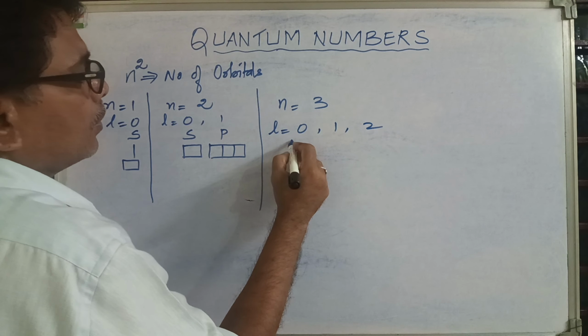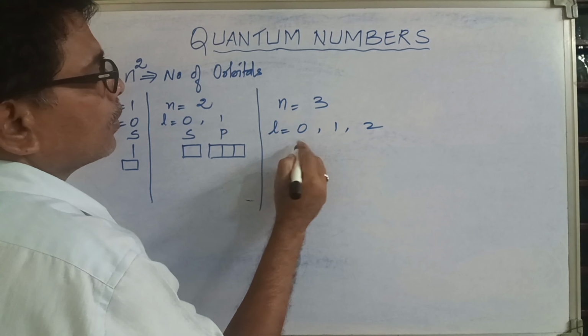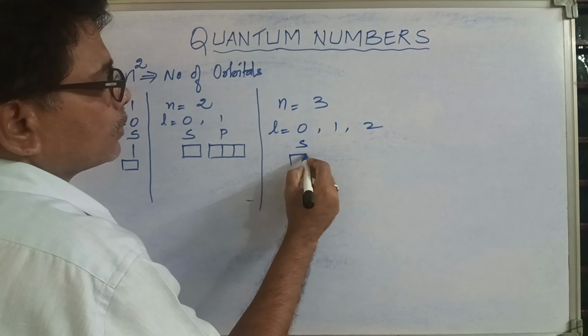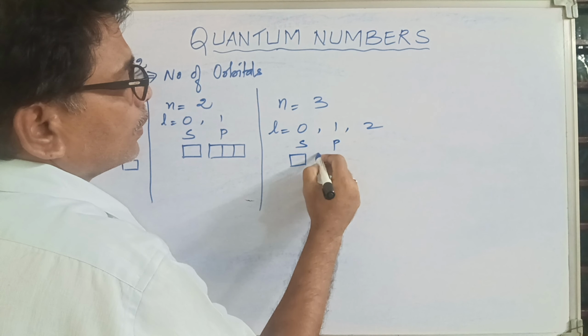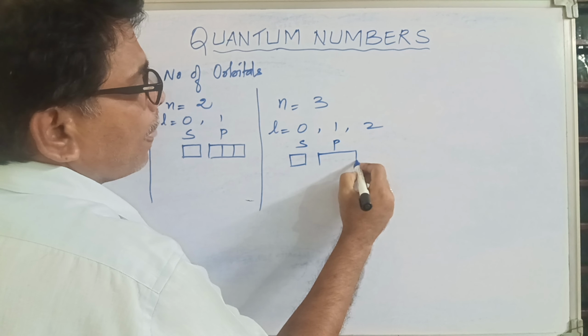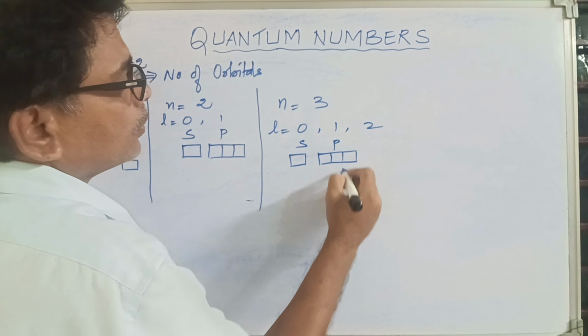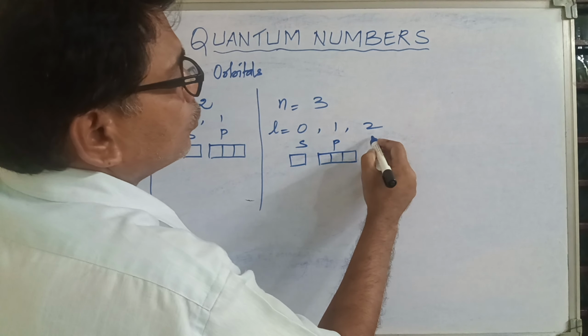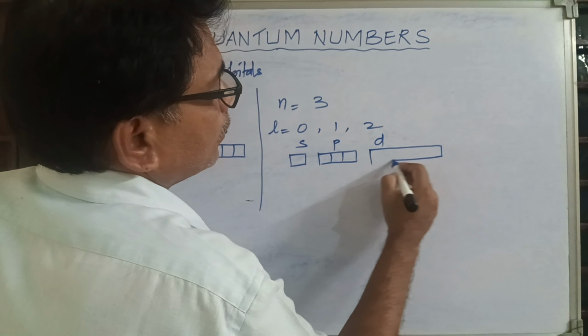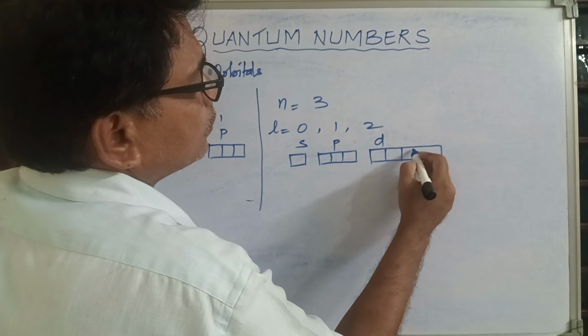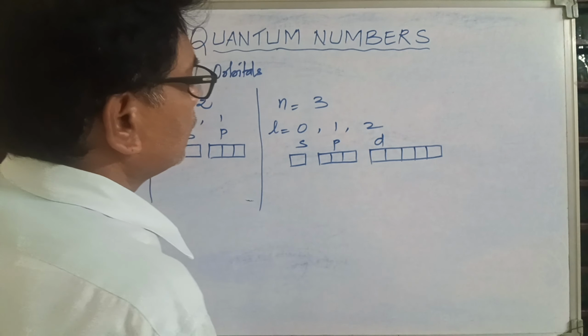Next, N is equal to 3, where L is equal to 0, 1, 2. 0 is the S orbital, so it holds 2 electrons, 1 box, degenerate orbital. 1 means it is P, it holds 6 electrons, so 3 boxes. 2 means what? D. D holds how many electrons? 10 electrons, so it requires 5 boxes: 1, 2, 3, 4 and 5.